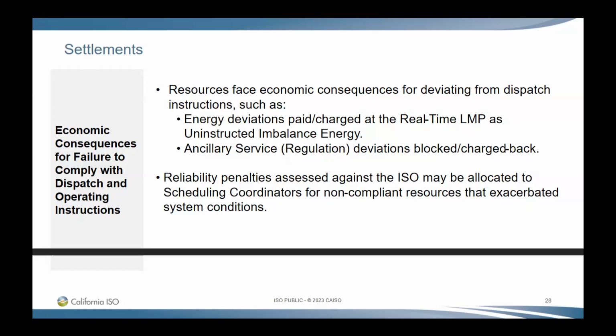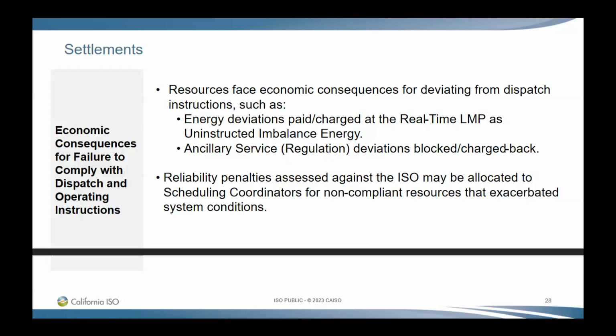And then your ancillary services, regulation, those deviations could be clawed back or charged back as well. There are also reliability penalties. If those are assessed against the ISO, we may look at that, and based on causation, we may allocate those fees out to those scheduling coordinators that had non-compliant resources that caused more of the problems with those system conditions.